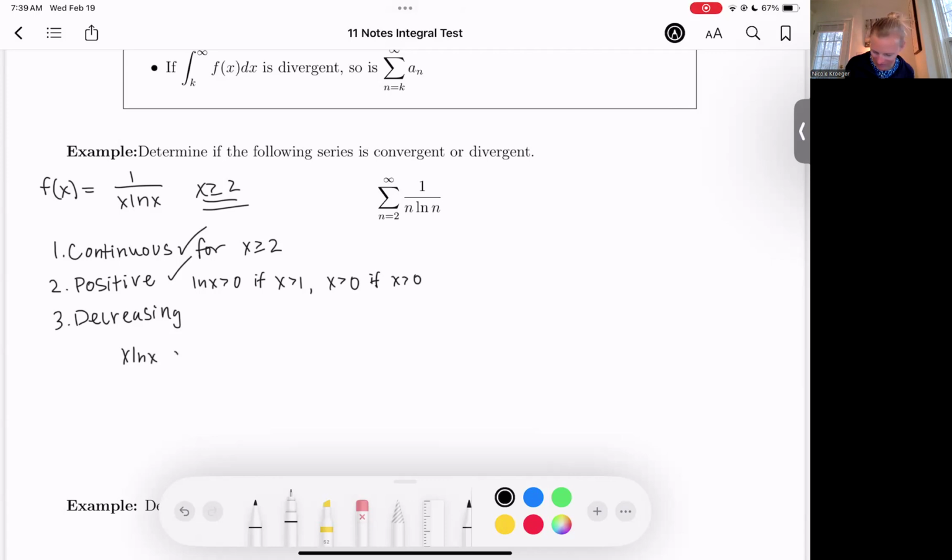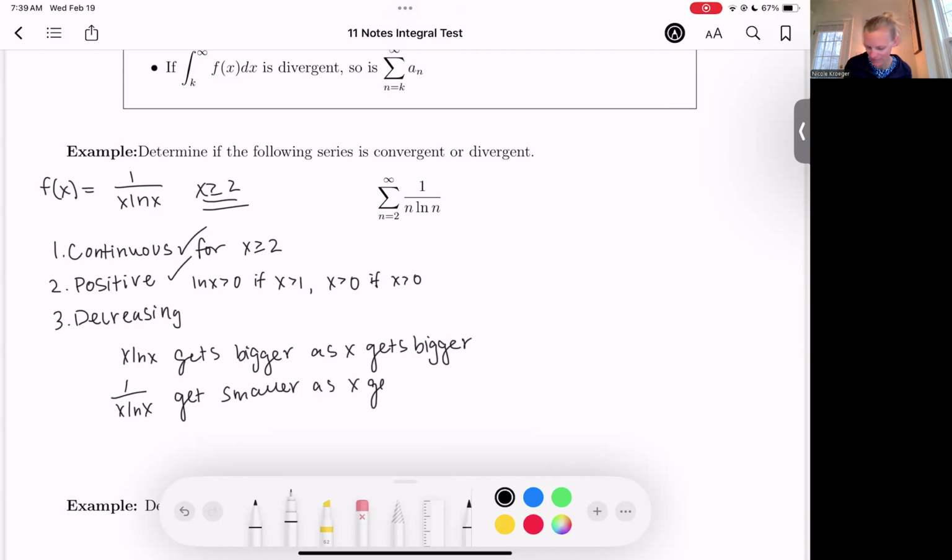So x ln of x gets bigger as x gets bigger. And so that means that if I look at 1 over x ln of x, that gets smaller as x gets bigger. And that tells us that f is decreasing.